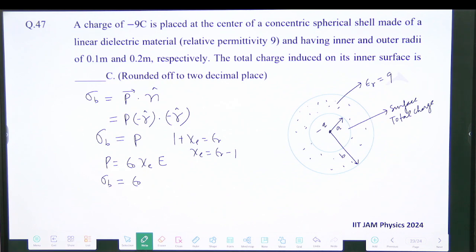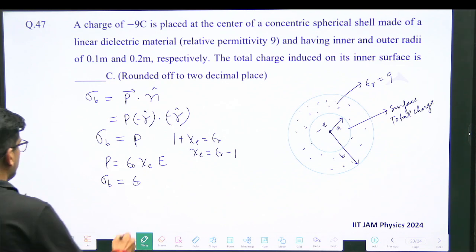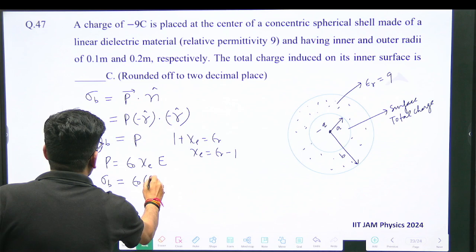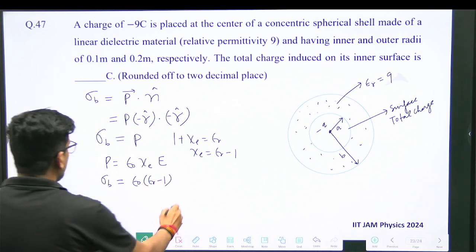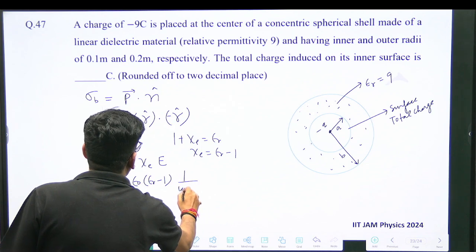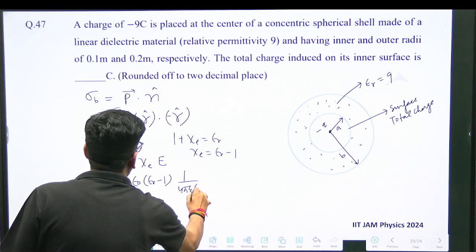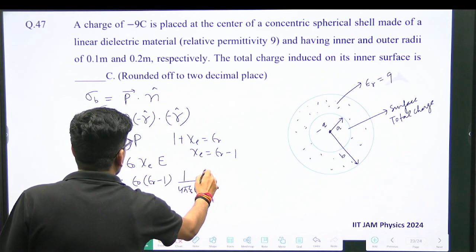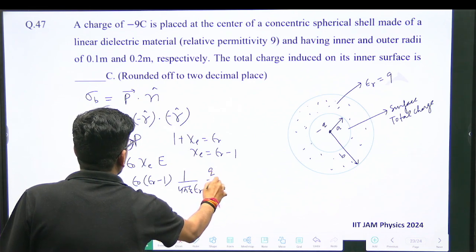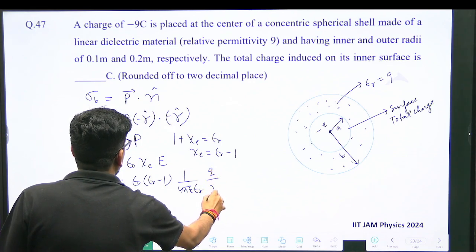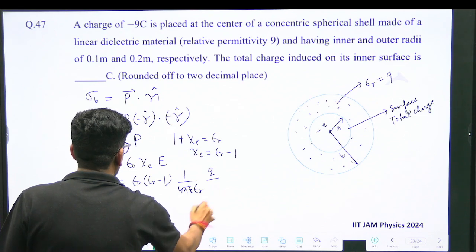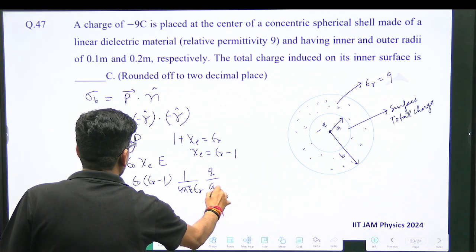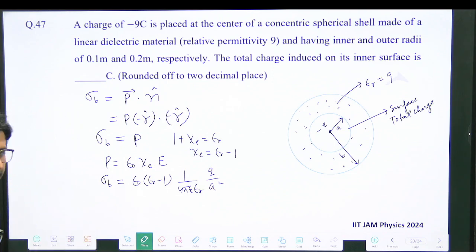So what will happen? This will become epsilon naught (epsilon R minus 1), and the electric field will become 1 upon 4 pi epsilon naught epsilon R, Q by A square.